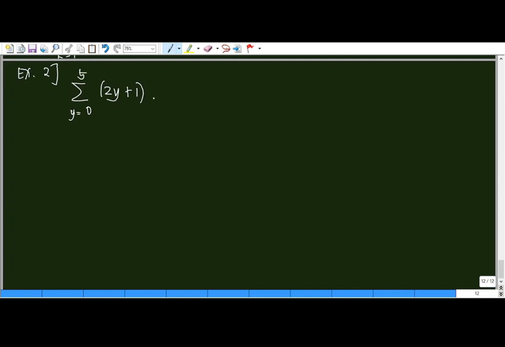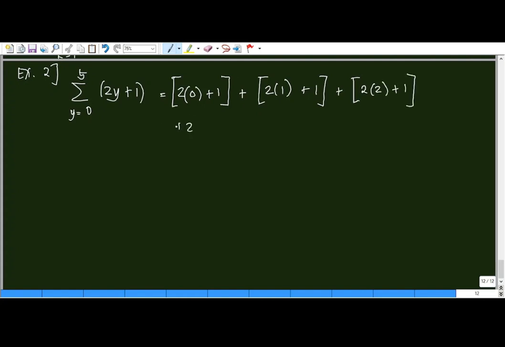So if I'm going to expand this, that is simply equal to 2 times, I'll start at 0 plus 1, plus 2 times 1 plus 1, plus 2 times 2 plus 1, plus 2 times 3 plus 1.